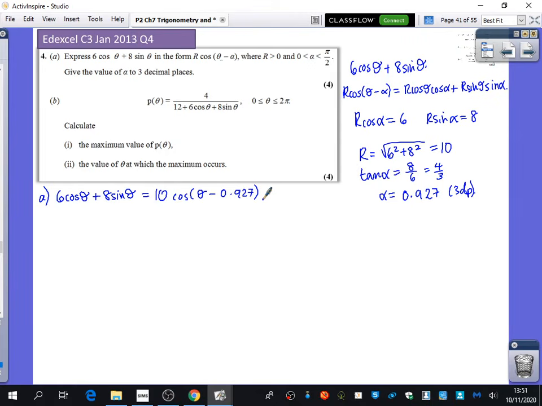And so if you've done that in part A, you know for sure you're going to need to use it in part B. So I'll just give you a chance to write that down.